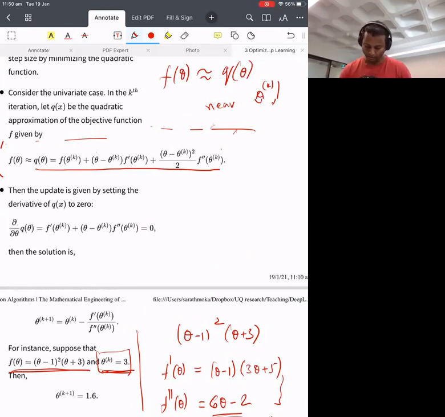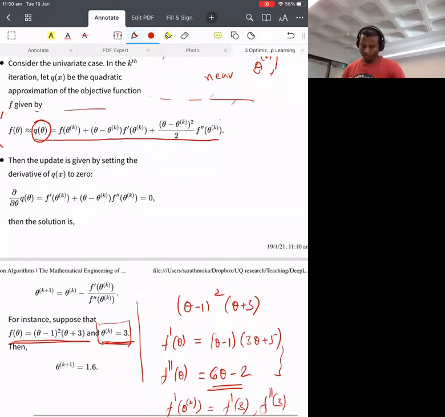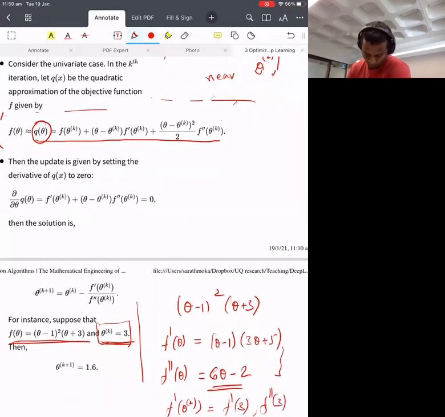All you need to do is find the derivative of q of theta. That's what we are doing here.